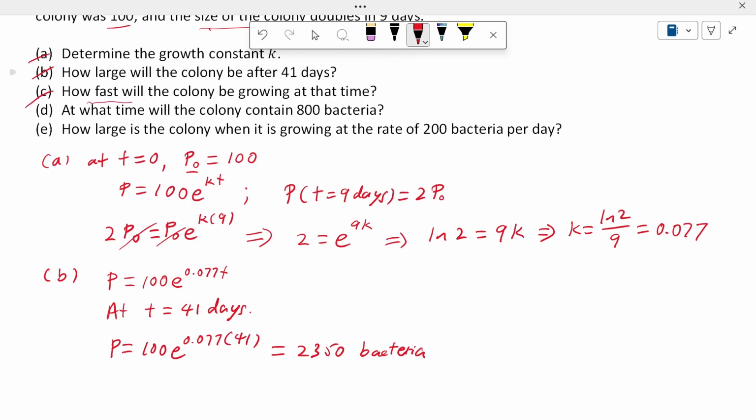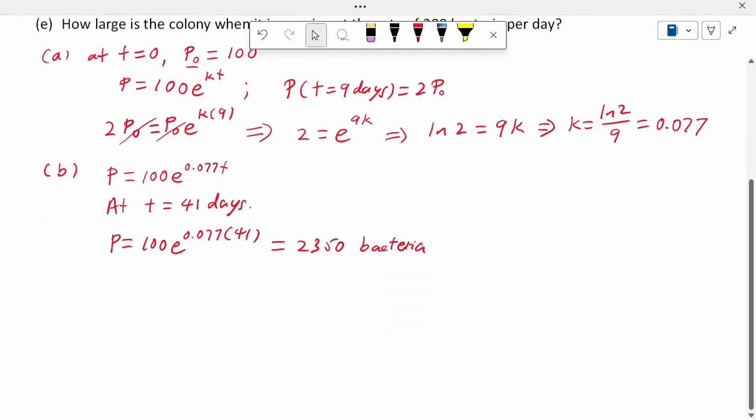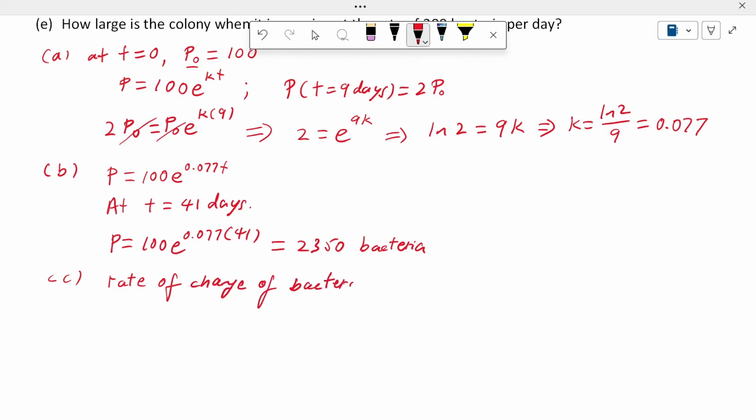So C: how fast will the colony be growing at that time? How fast it is growing basically means we need to find the rate of change of the bacteria, which is denoted as dP over dt. This is a growth problem, so this is equivalent to kP, right?